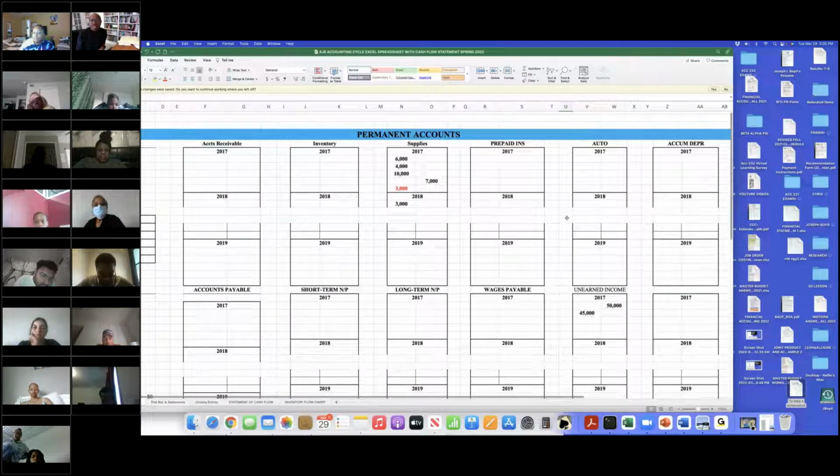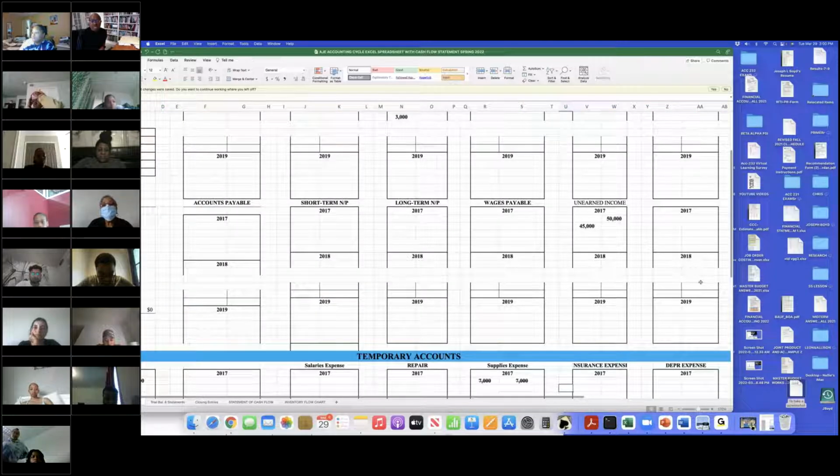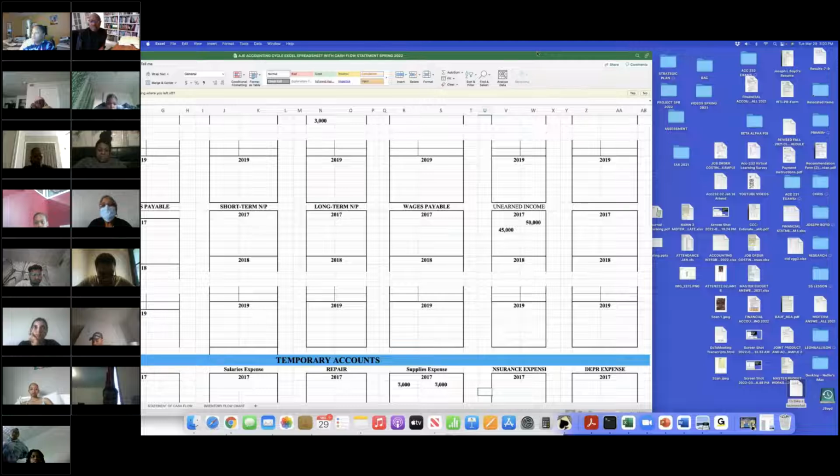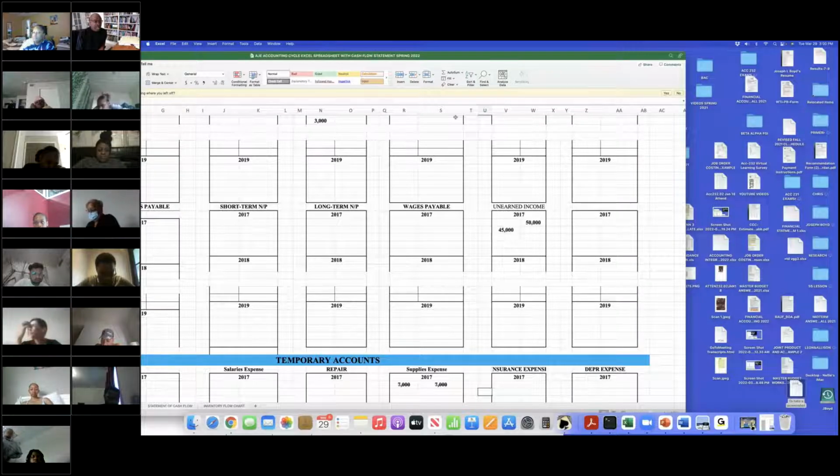And I may not have it here now, but a couple of people still want to put dividends on the balance sheet. Dividends is below the line, so it is not on the balance sheet. It's closed out.